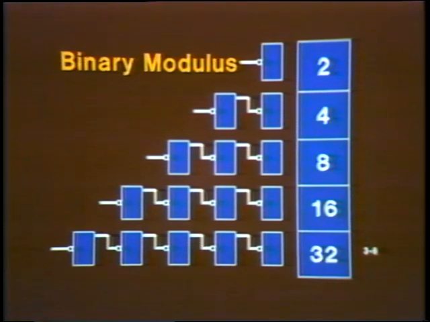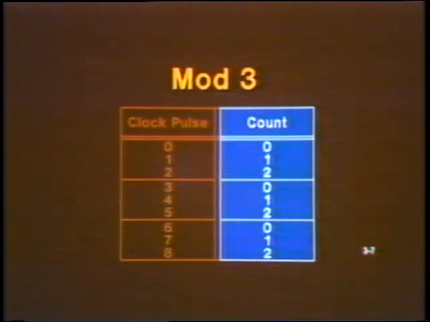In this lesson, we are going to study counters that have a non-binary modulus. Our first example will be modulo, or mod 3. The count cycles through the sequence 0, 1, 2, then 0 again.